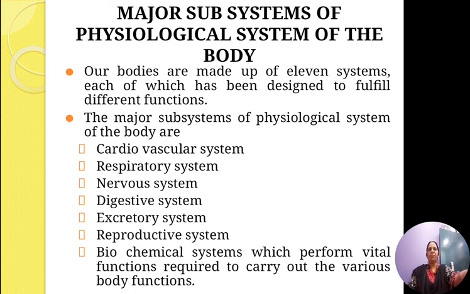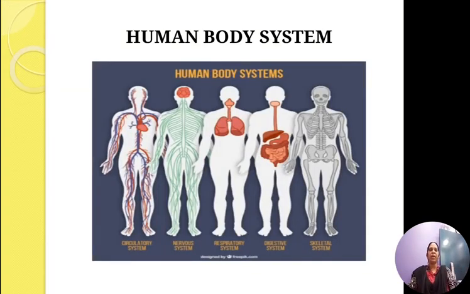You can see in the figure. The figure shows the major subsystems of the physiological system: the circulatory system, the nervous system, the respiratory system, the excretory system, and the skeletal system.